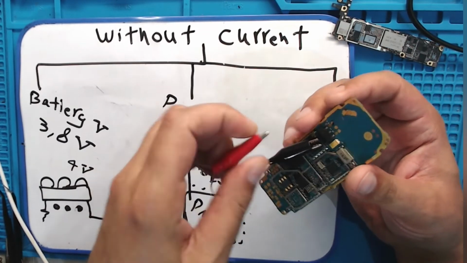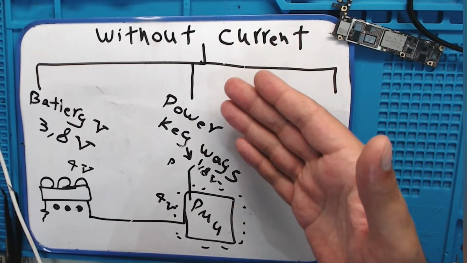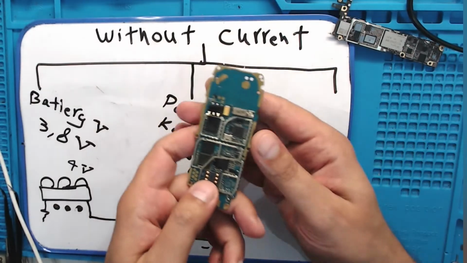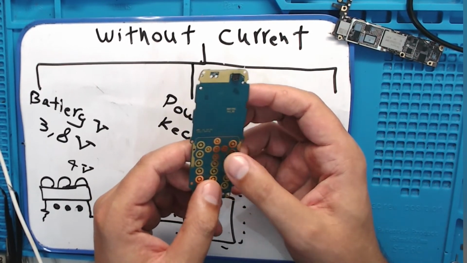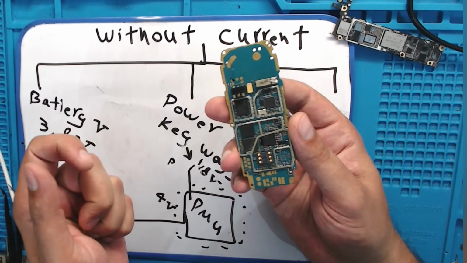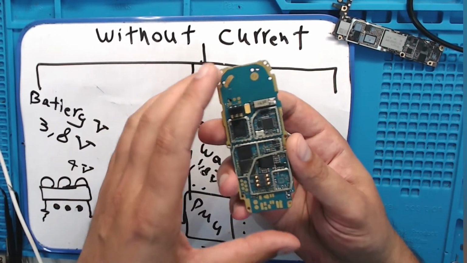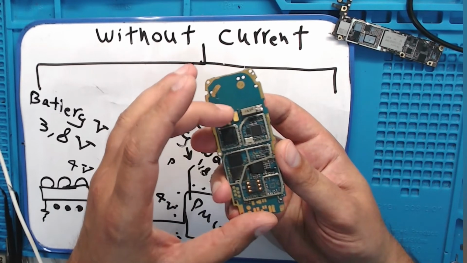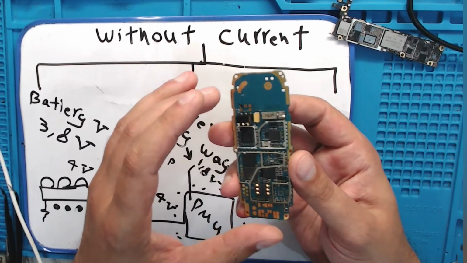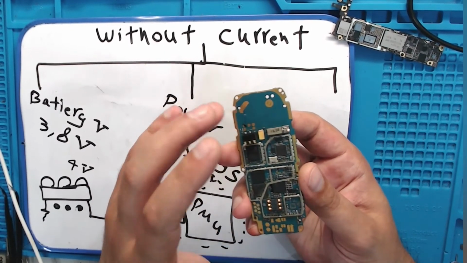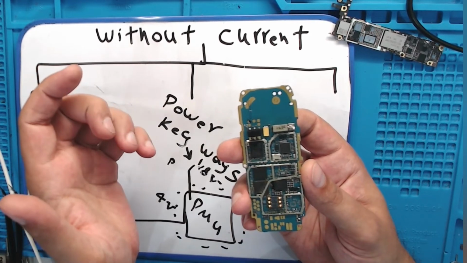But for smartphones, if they have this issue, no reset current when pressing the power button, and the phone is not turned on, you need to check the hard drive. If it's an iPhone, on the schematic diagram it's written NAND, N-A-N-D, and you need to check the voltage on it. For Androids, for example, eMMC or UFS.